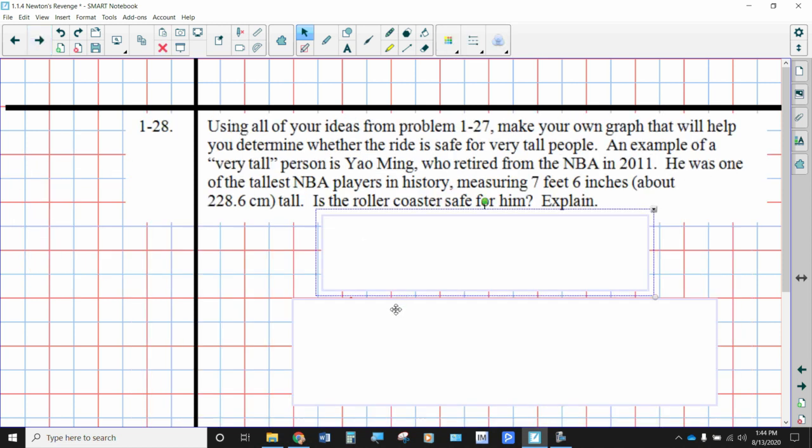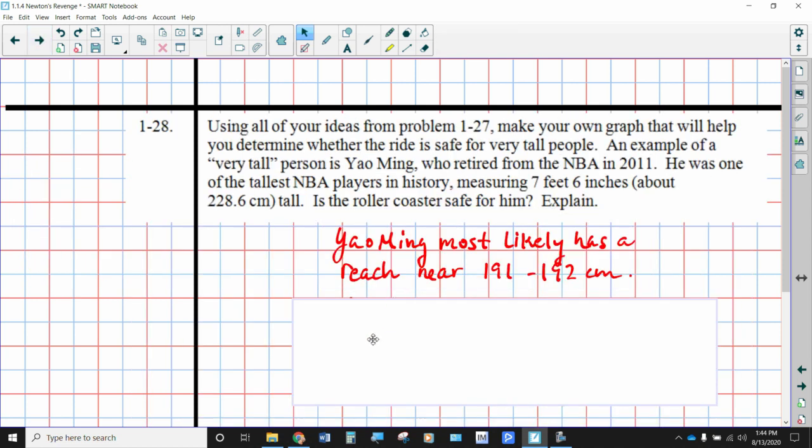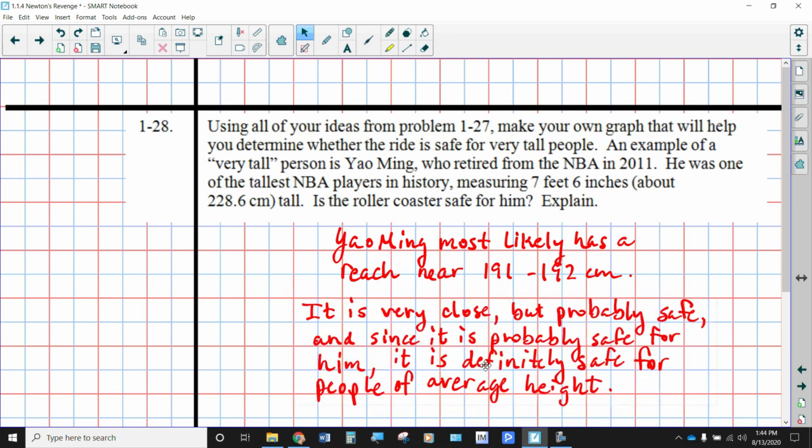So Yao Ming most likely has a reach near 191 to 192 centimeters. And so the conclusion that we can draw from analyzing this data is that the ride is probably safe. Nobody has had any problem up until now, which makes sense, right? Because it's doubtful that anyone taller than Yao Ming has ridden on the roller coaster.